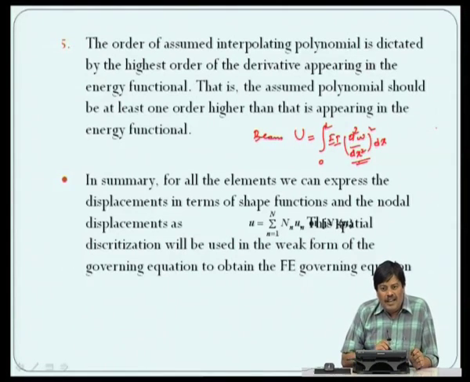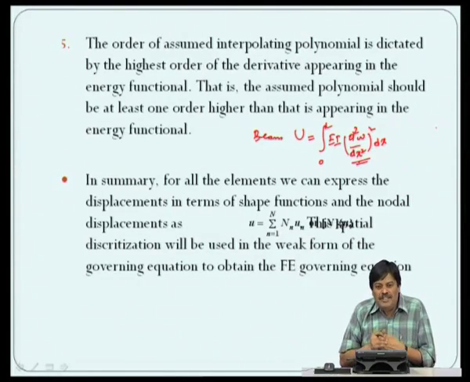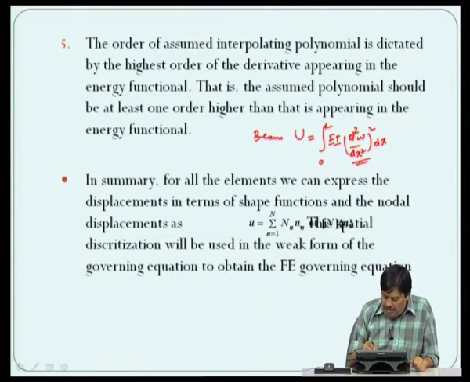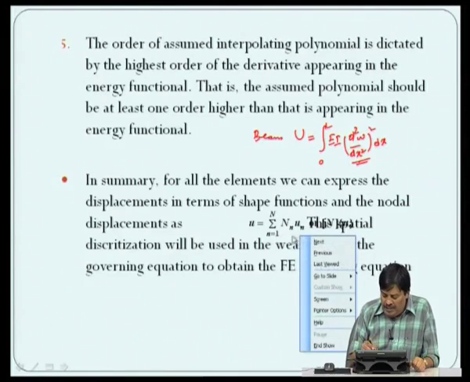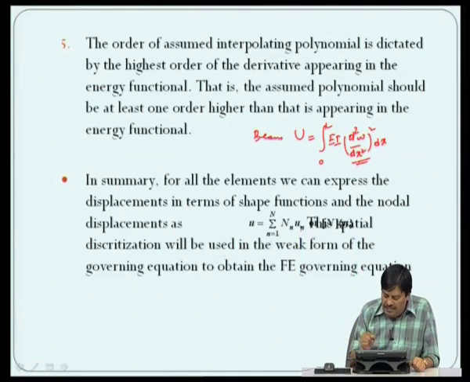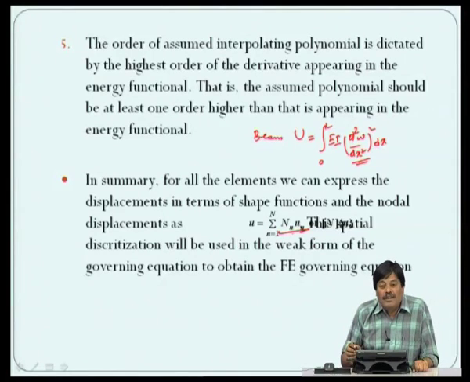So, in summary, what are we doing here? For all the elements, we can express the displacements in terms of shape functions and nodal displacements, given by u equal to the sum of Ni into ui.